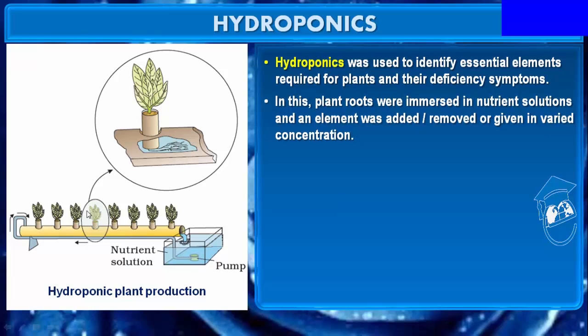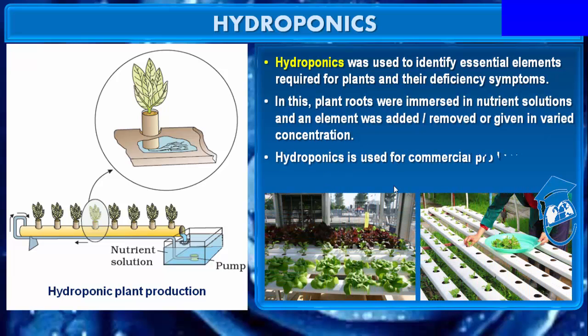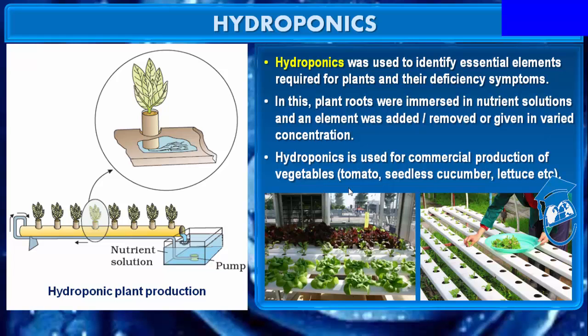See, this is the plant root which is immersed in a nutrient solution, and an element was added, removed or given in varied concentration. This is hydroponics, which is used for commercial production of vegetables, that is tomato, seedless cucumber, lettuce, etc.